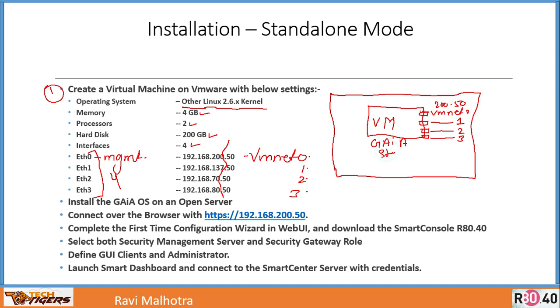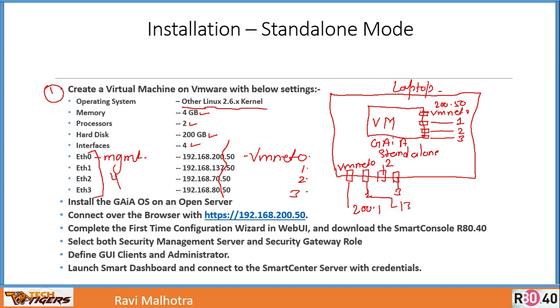And then this is, I will also make it like a standalone. This box is my laptop. My laptop also has 4 NIC cards, 4 virtual network adapters. This is VMnet 0. This is 1. This is 2. This is 3. And here VMnet 1 IP address is 200.1.